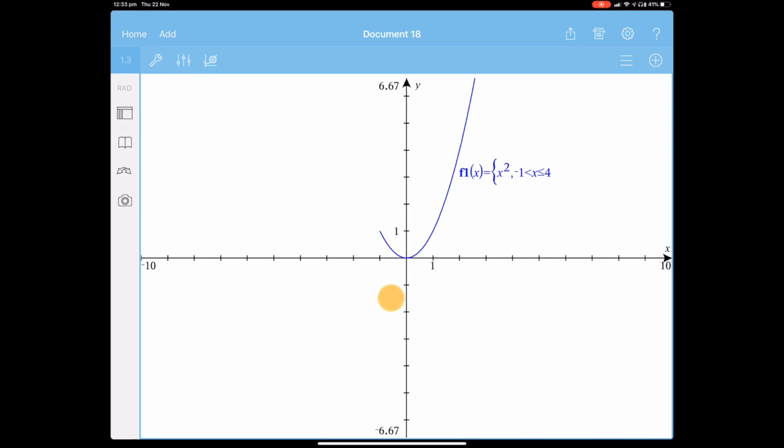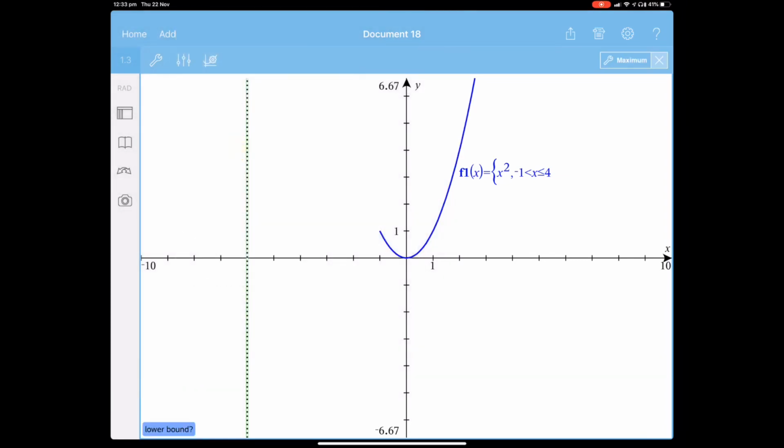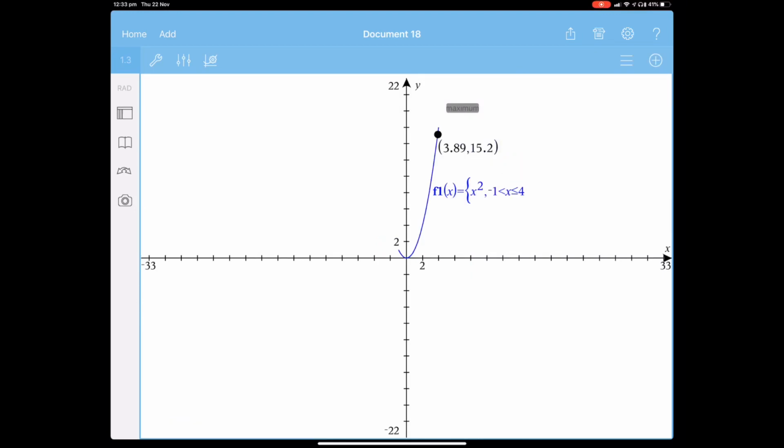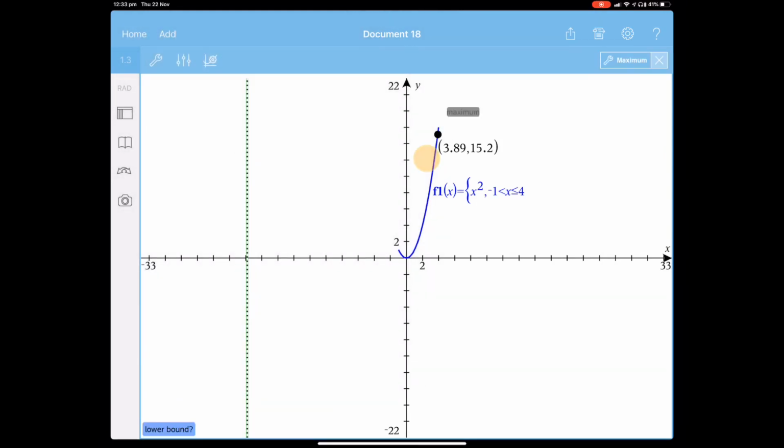Now you can't move it around like you can with the other CAS, but we can also go analyze graph, maximum, and then move it across to here and then here. And that was stupid. Try it again. Maximum from there to there, yeah.